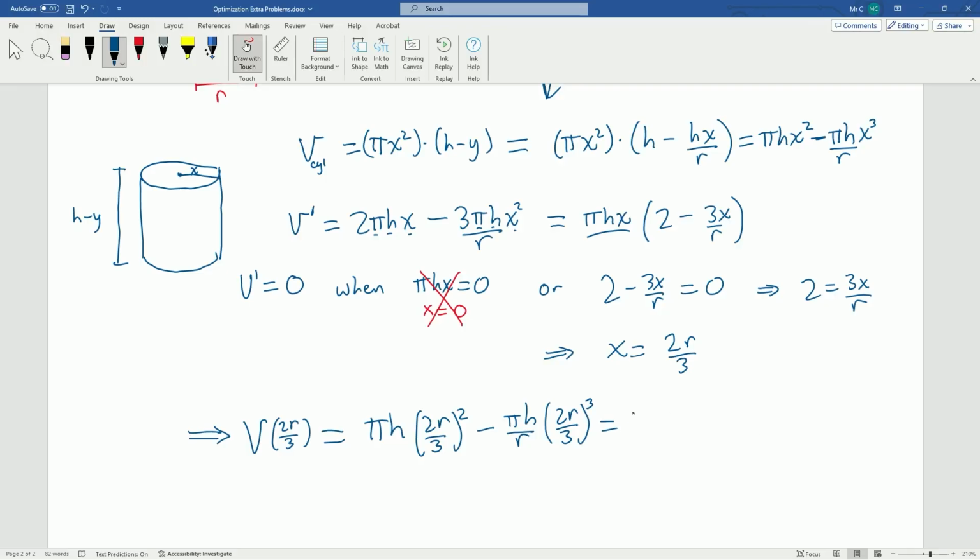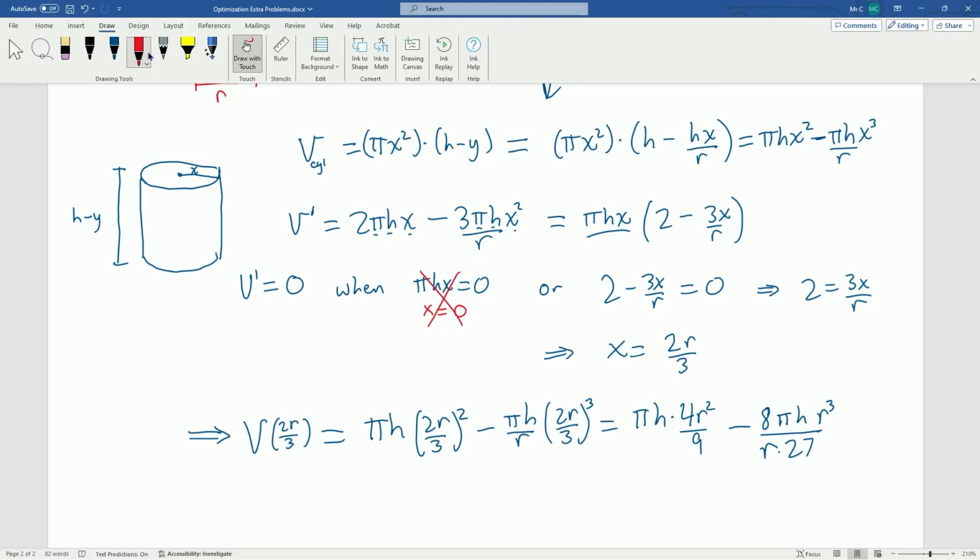This becomes pi h times 2r squared, that's 4r squared, over 3 squared, which is 9, minus 2 cubed, which is 8. Put that in front: 8 pi h r cubed over r times 3 cubed, which is 27.